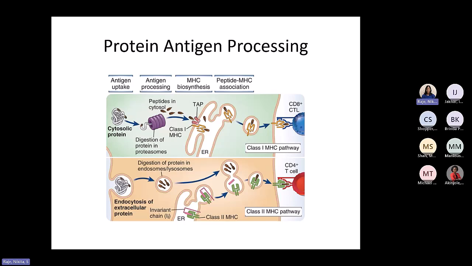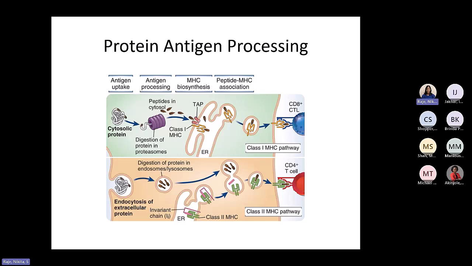The endoplasmic reticulum is where the class 1 and class 2 MHC molecules or proteins are produced. So the alpha and beta chains in case of class 2 MHC, and the alpha chain along with the beta 2 microglobulin chain that we just learned about, those chains are going to come together in that endoplasmic reticulum to form the MHC molecule.